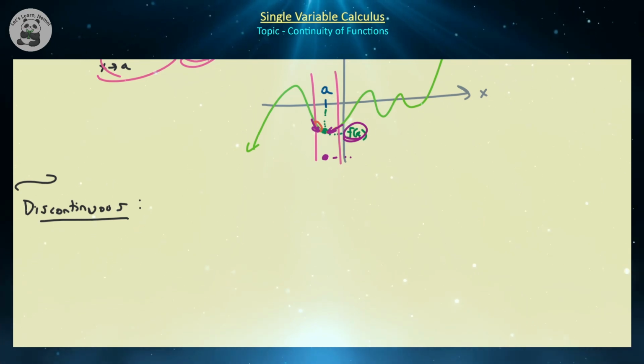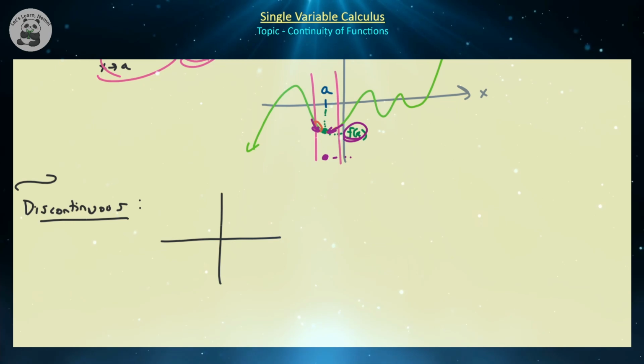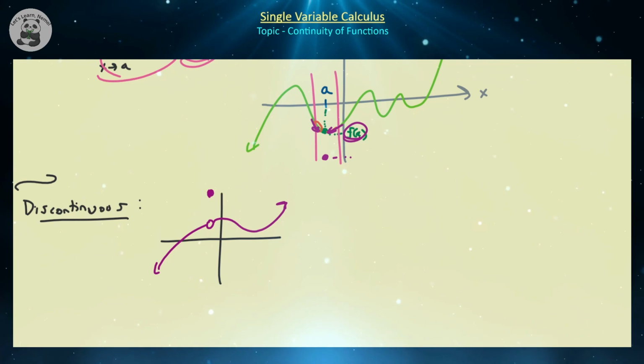A few of the cases where a function would be discontinuous would be something along the following. Let's assume we have a curve, let's assume we have a hole, and let's assume that it does its own thing outside of that point. And let's define that point to be something, but not at that hole. Notice that if that y value is equal to 5 and that y value is equal to 10, the limit is equal to 5, but the function value is equal to 10.